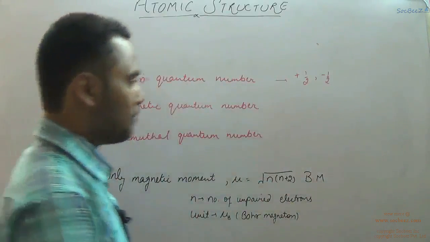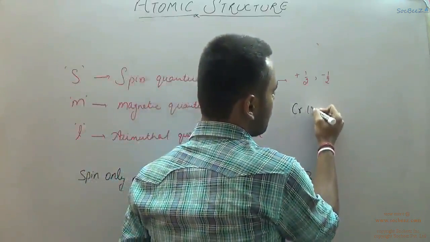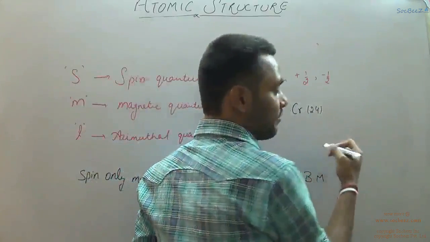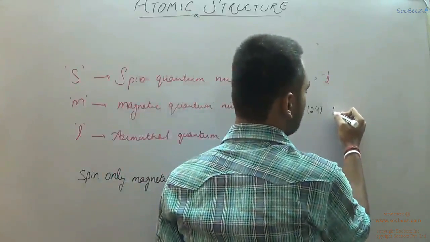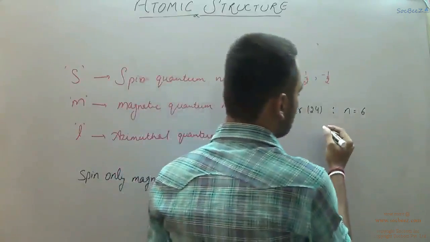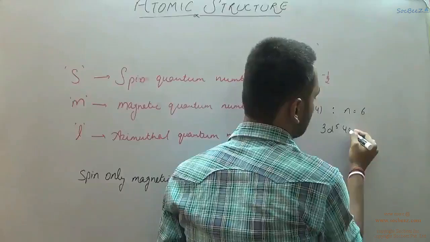For example, in the case of chromium, which is 24, the total number of unpaired electrons is 6, in fact, because the outermost electronic configuration is 3d5 4s1.